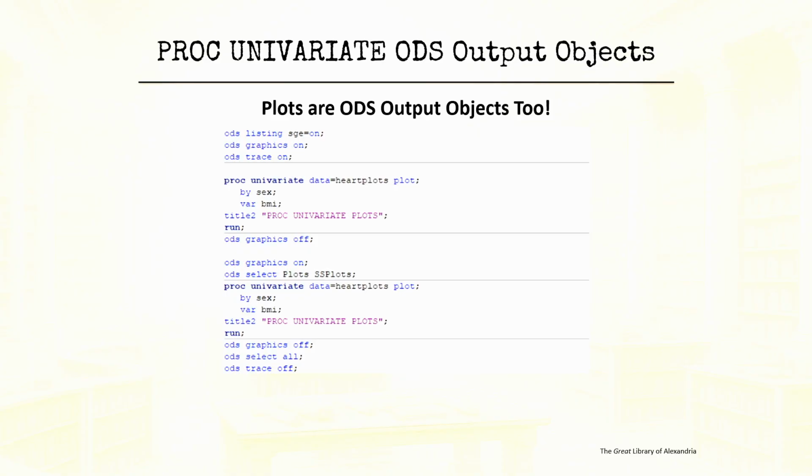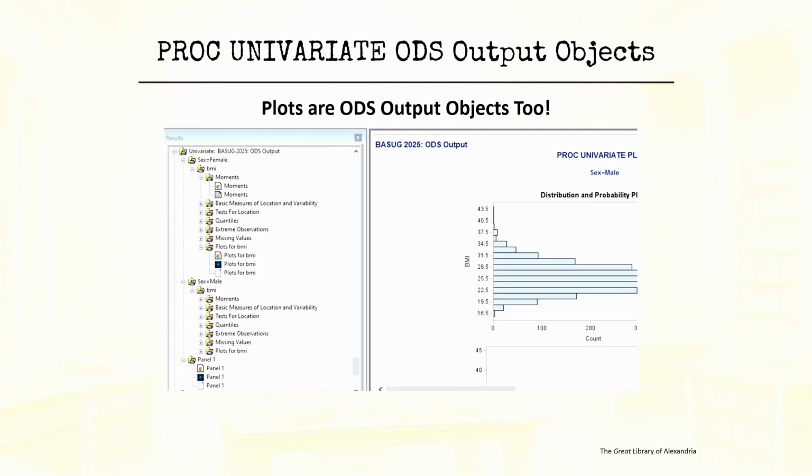And then on the left side, you're going to see the results window again with SGE on. And you can also see on the right side, the plots have been created, and if you click on the plot images, you get redirected to the results window print.